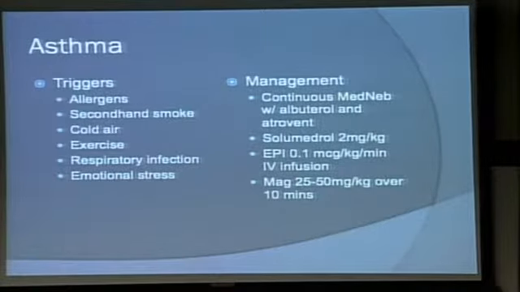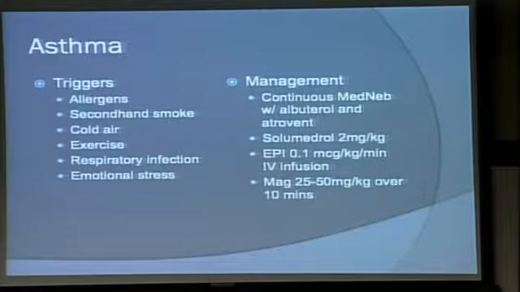Management, asthma is pretty straightforward. Literally continuous med-nebs with albuterol and Atrovent. I think everyone who you are getting a 911 call for asthma who you are starting to treat, give them Solu-Medrol, dose 2 milligrams per kilo. I would prefer that IV. I'd like you to have an IV in them anyway. If they have severe asthma, they're not responding to your med-neb, or they're responding slowly, start them on an epi drip.